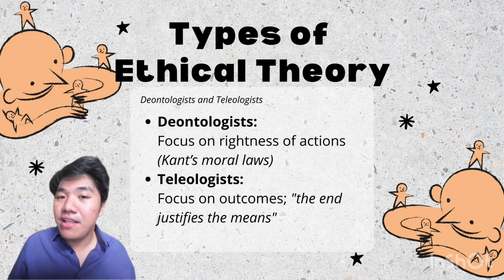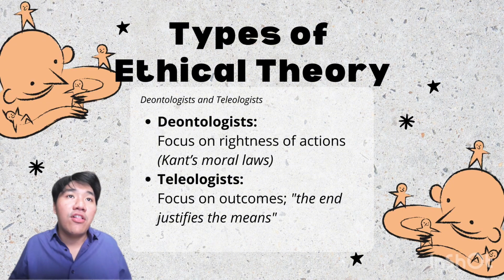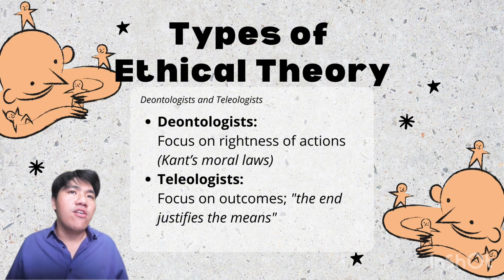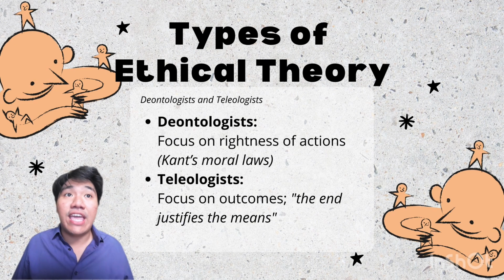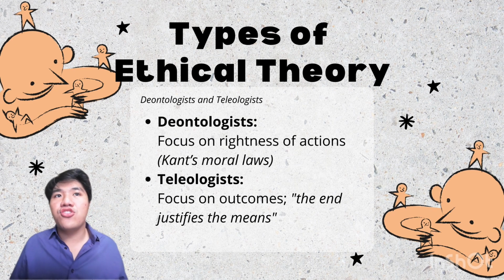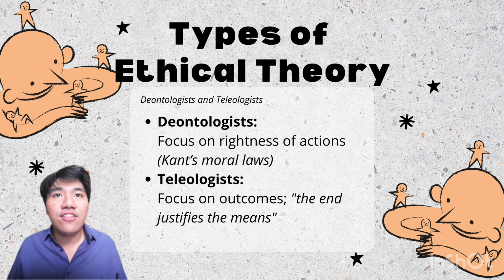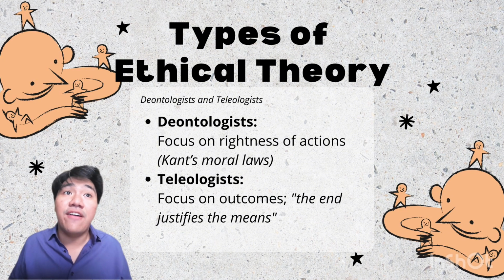So our last topic naman dito sa ating module is deontological and teleological. The deontological and teleological approaches offer contrasting views on ethical obligations. Sa mga deontologists, they focus on the rightness or wrongness of actions themselves rather sa kanilang mga consequences.